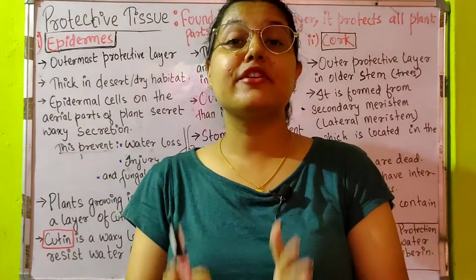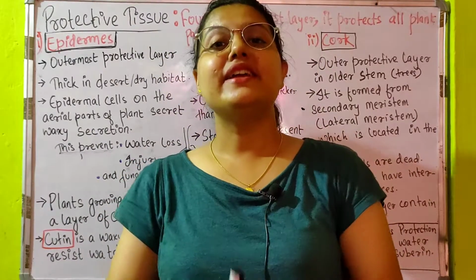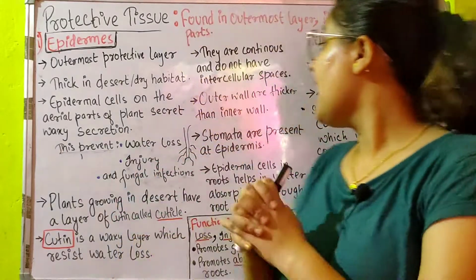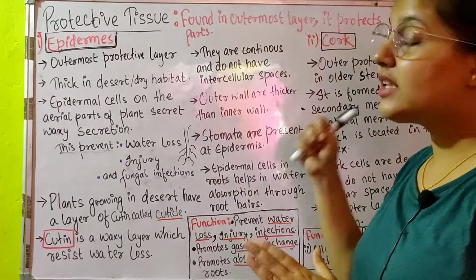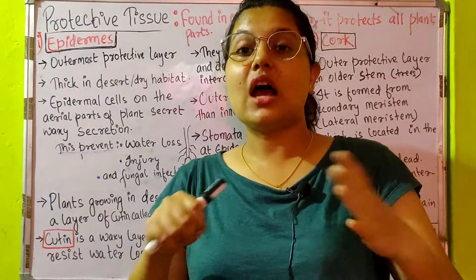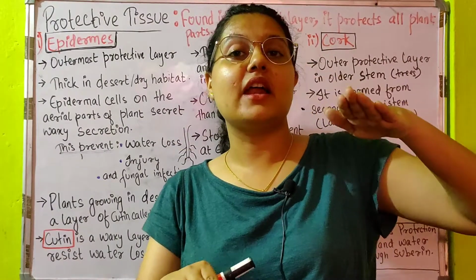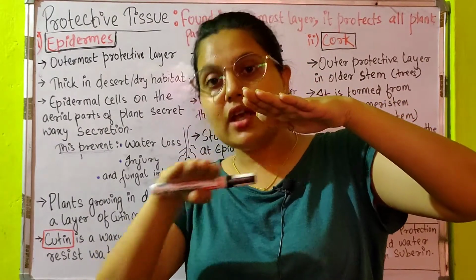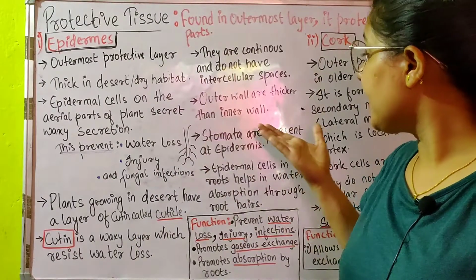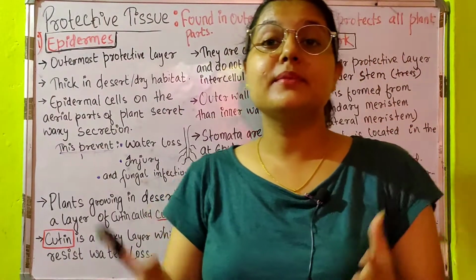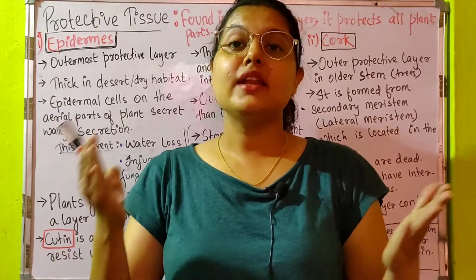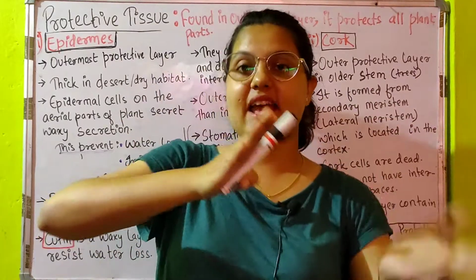The epidermal cells do not have intercellular spaces and the outermost wall is thicker than the inner wall. The outer wall of the epidermal cell is thicker as compared to the inner layer, and they contain stomata. Epidermal cells also contain stomata at the back side of the leaf.